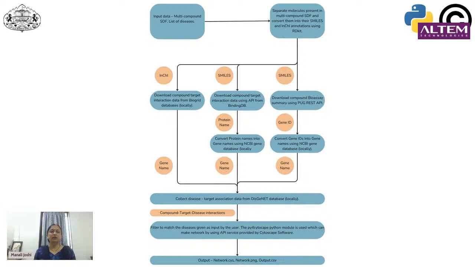Then we convert this by code into a Cytoscape-type format, directly in the form of a very basic network, which the user can then play around with and beautify. As of now, we give three different output formats: the CYS Cytoscape format, PNG, and an output file. Of course, we'll have more and more revisions as we make this available to our peer community.